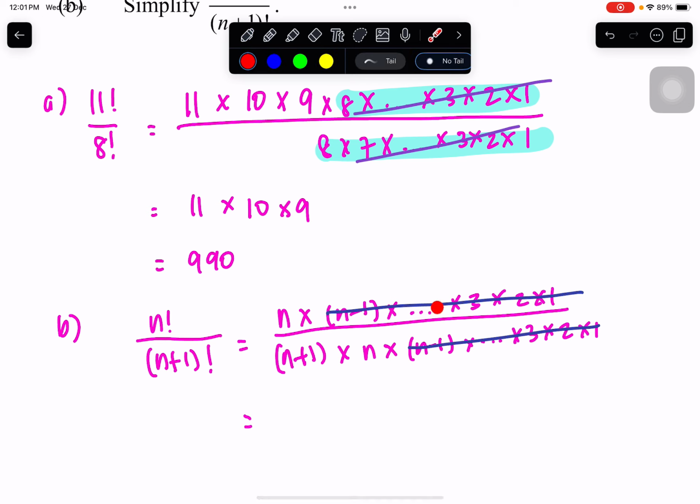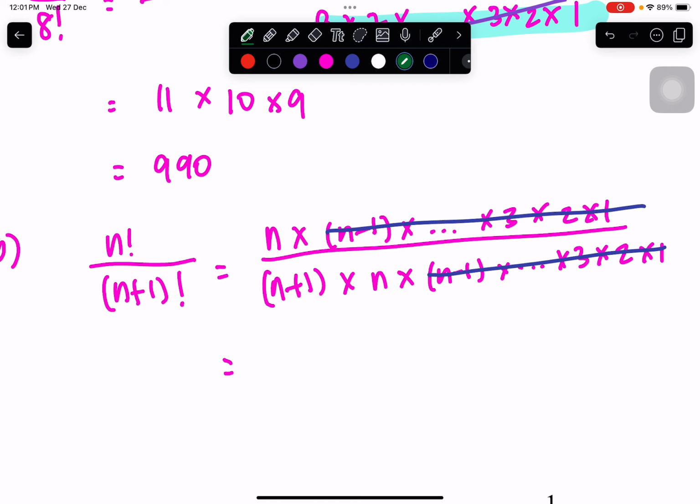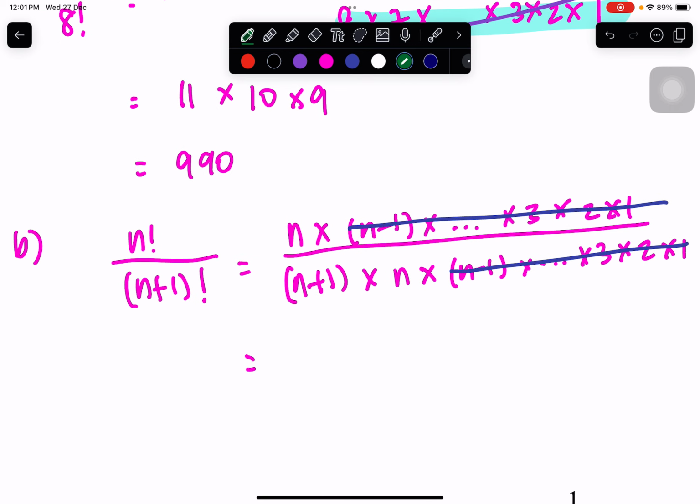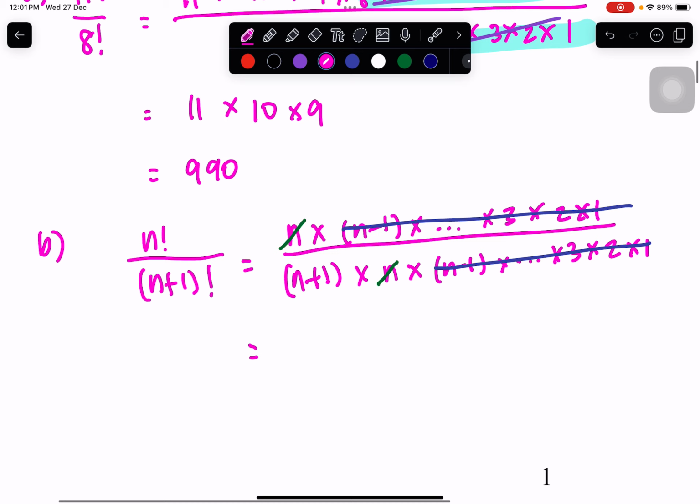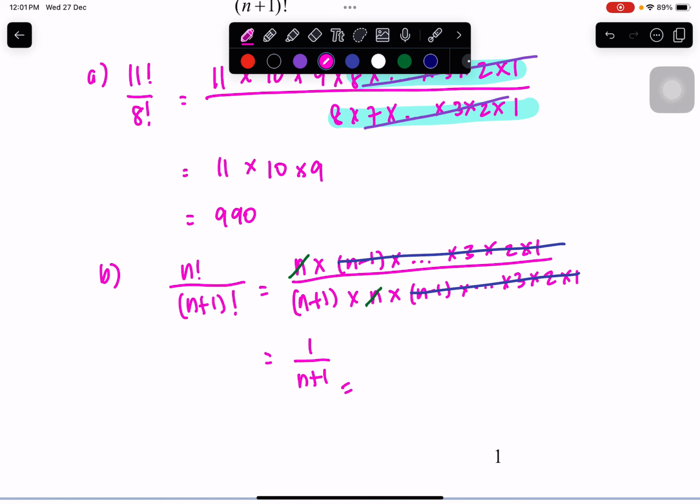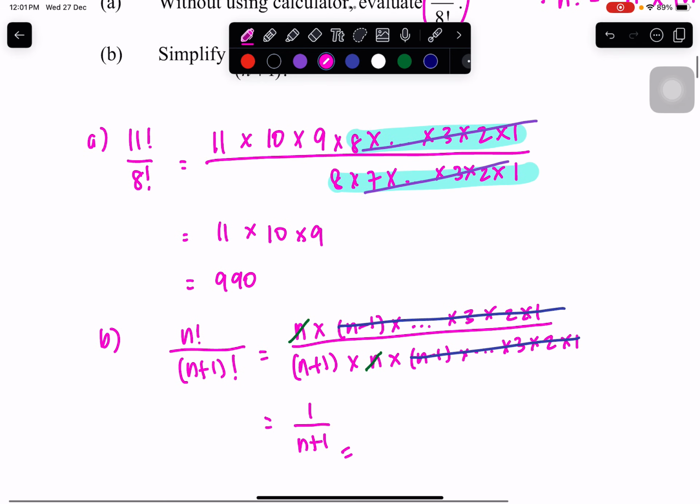Therefore, I can cancel these terms. What other term do you observe that appears in both numerator and denominator? Do you notice n appears as well? So you can cancel these like terms, and the result would just be 1 over n plus 1. So that's example 1.